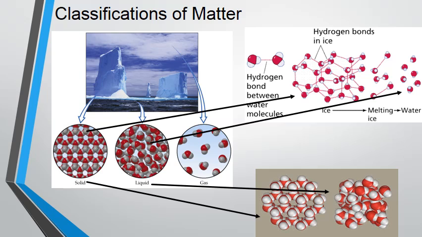Our ice is a little bit bigger of a structure than our water is, and that's why when you put a water bottle in the freezer, it will expand. The water seems to expand and sometimes can break the container because it's forming those hydrogen bonds and getting this rigid structure. When it melts again, it takes up a little bit less space because we don't have that rigid structure.